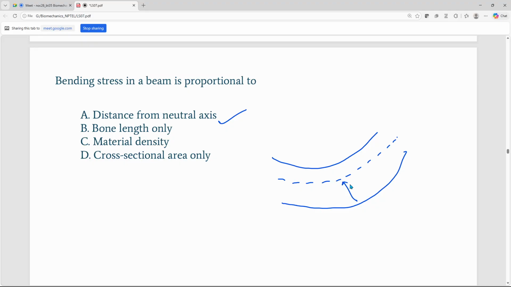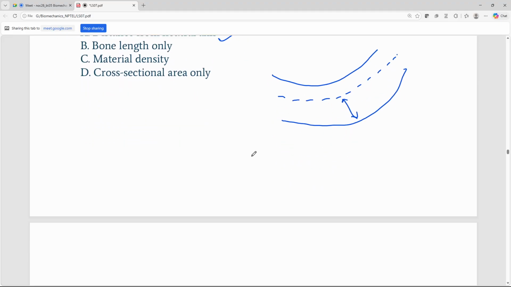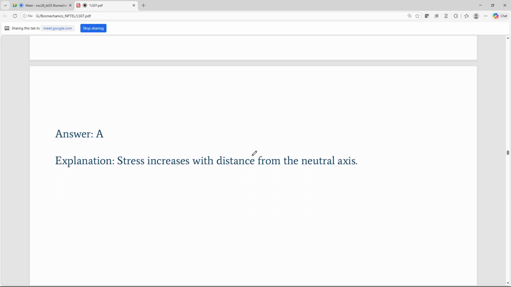The distance from the neutral axis is what is proportional to bending stress. As the distance from the neutral axis increases, the bending stress also increases.